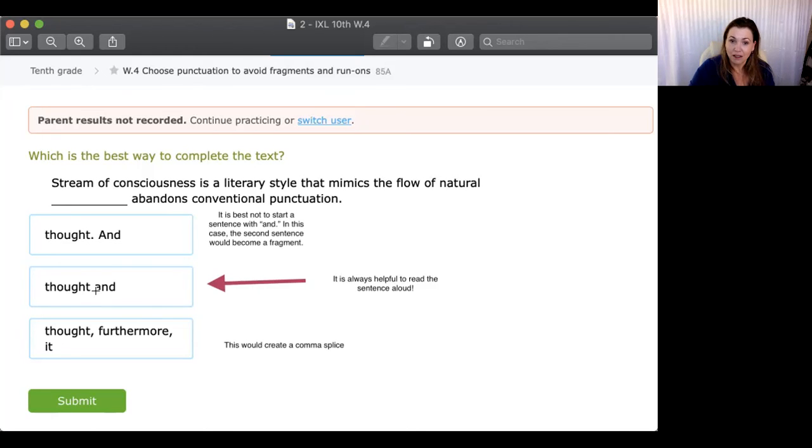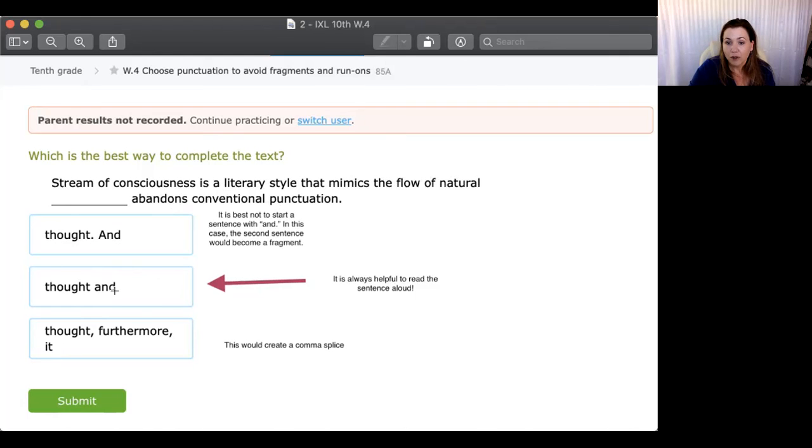The first thing that's being listed is a literary style that mimics the flow of natural thought. The second thing that's being listed is abandons conventional punctuation. So we have 2 things that are being listed, and the word and is used as a listing tool here. It's not combining 2 thoughts. So it's listing 2 things together. That's how it's working, and that's why that's the best choice here.